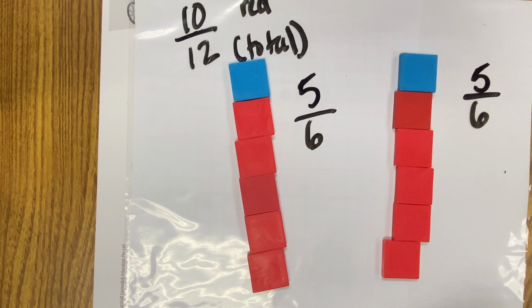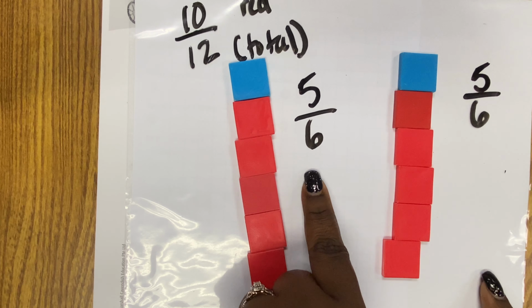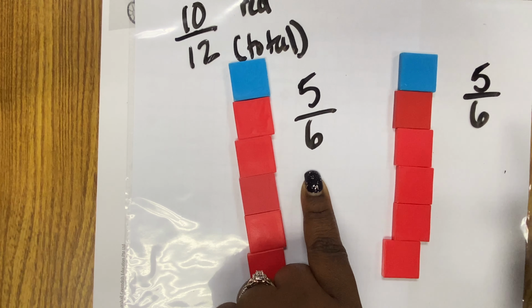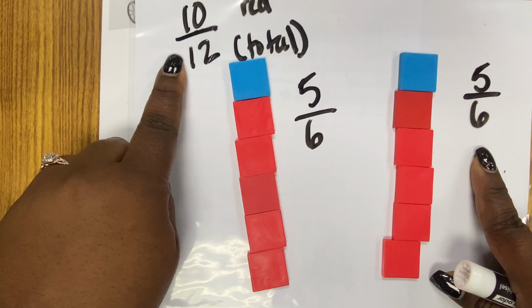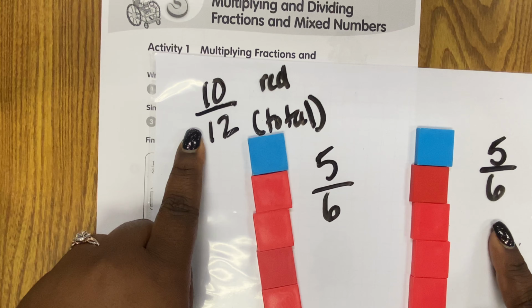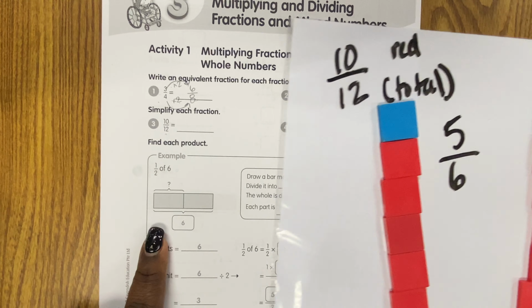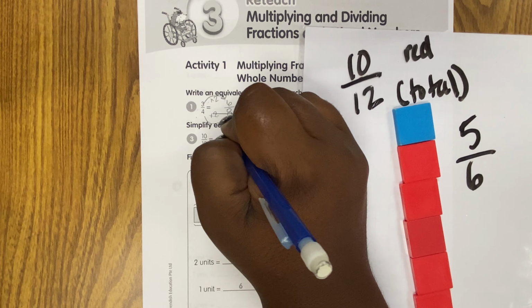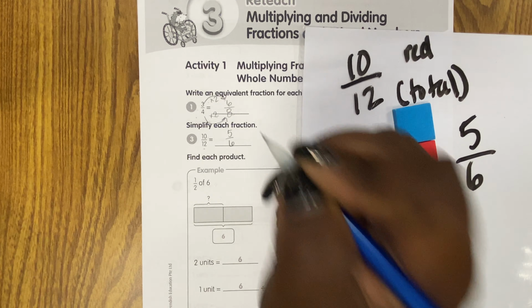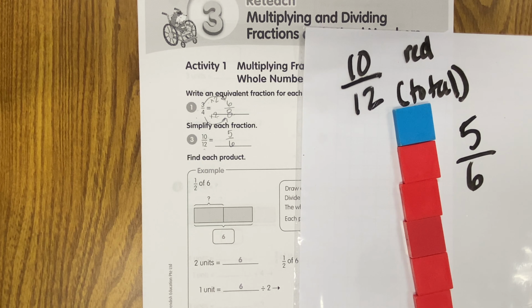So as I look at this, I can see that they are indeed equivalent fractions. 5/6 is equal to 5/6. So I know that 10 over 12, or 10 out of 12, also has the equivalent value in simple form of 5/6. And how did I know this was possible?